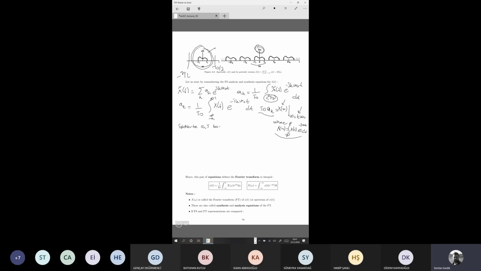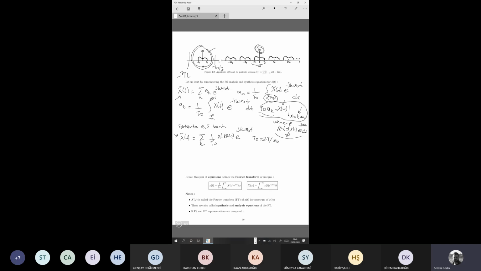If you substitute a_k's back, now you have that x tilde of t is equal to the summation over k of 1 over T0 times X of k omega 0 e to the power j k omega 0 t, and I have T0 as 2 pi over omega 0. So here I have the well-known synthesis equation, and in it I have put the a_k that I have already derived here.